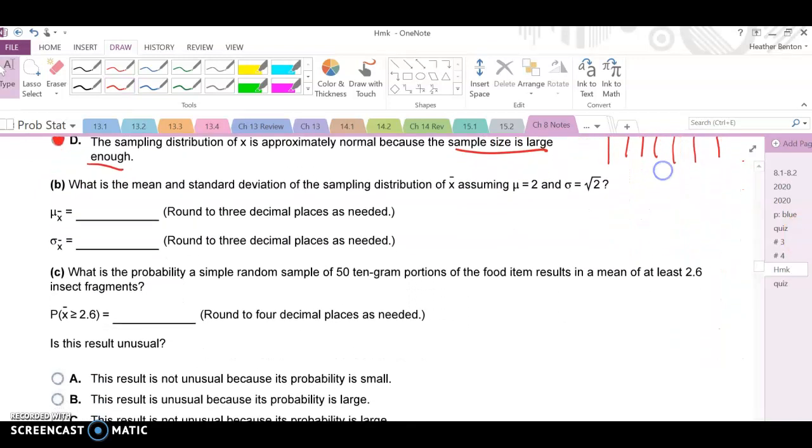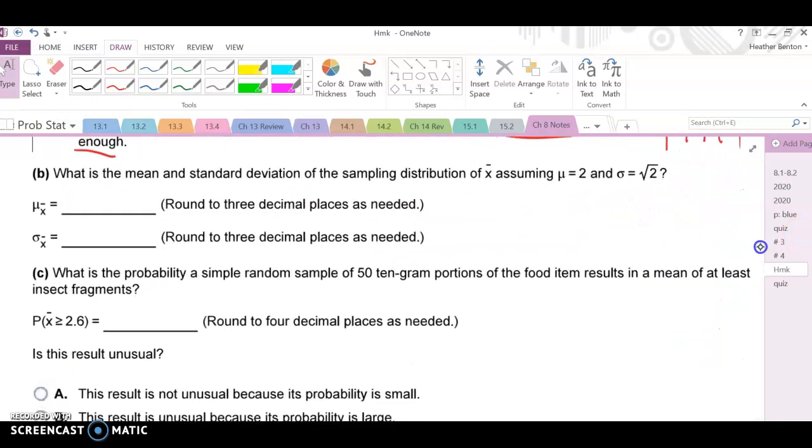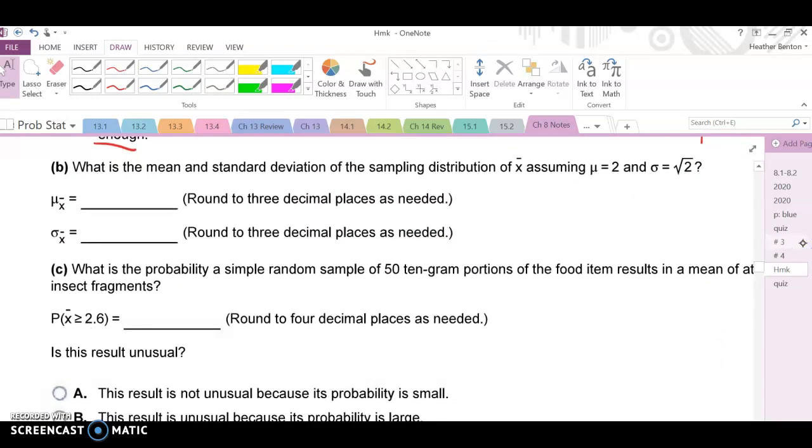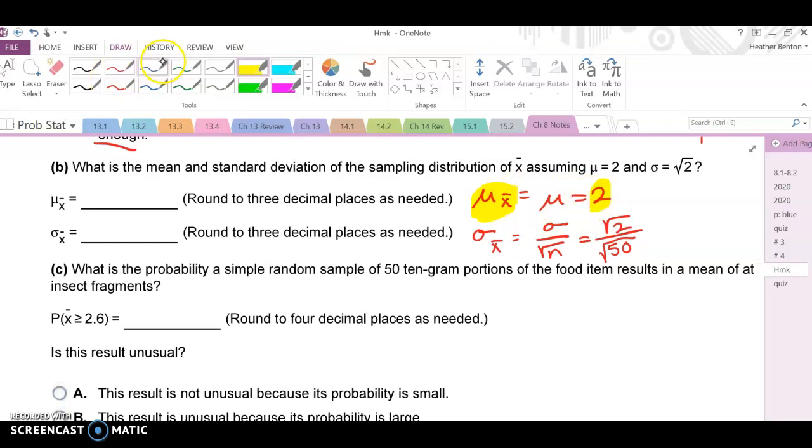So what is the mean and standard deviation of a sampling distribution of X bar with mean 2 and standard deviation square root 2? Okay, so I went ahead and wrote it out here at the side. The mean of X bar is always the same as the population mean, so that's 2.